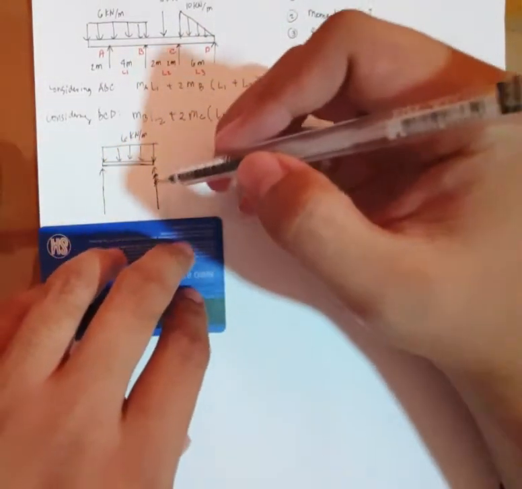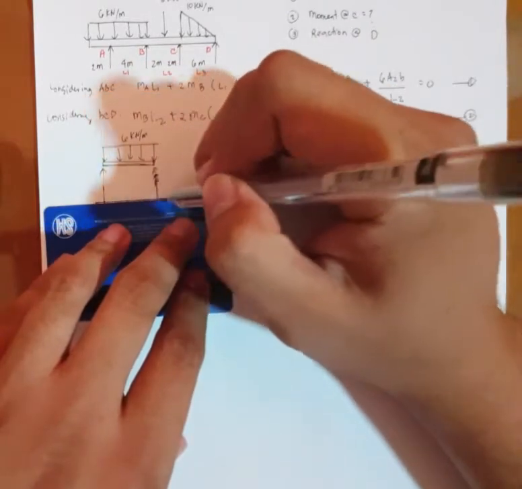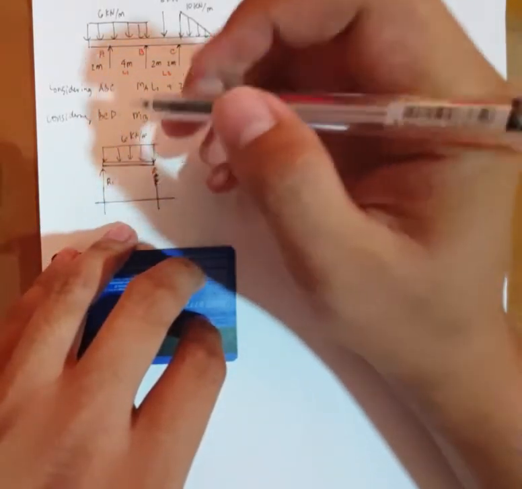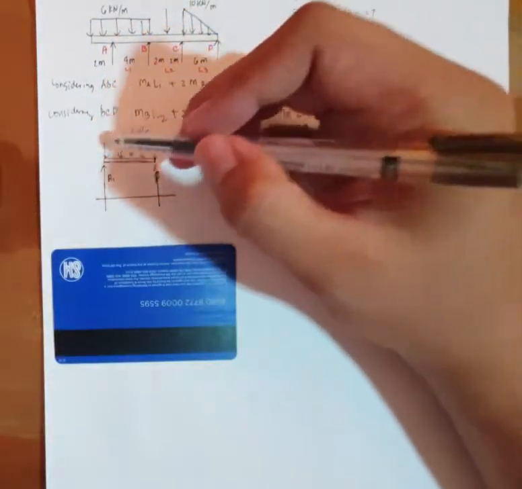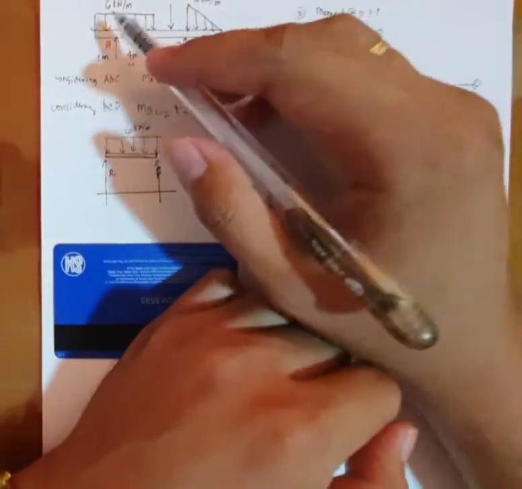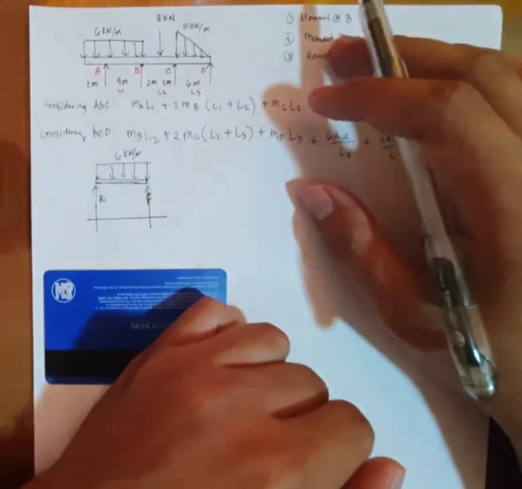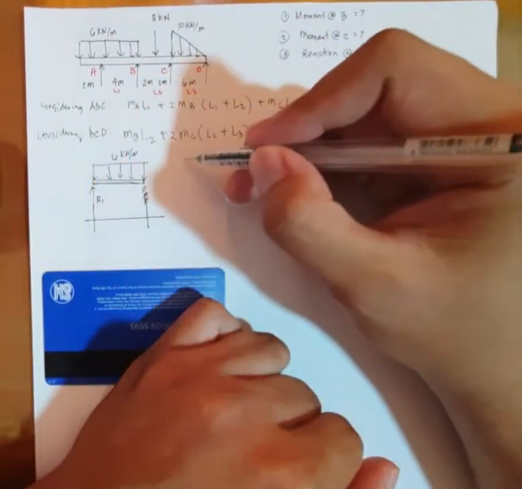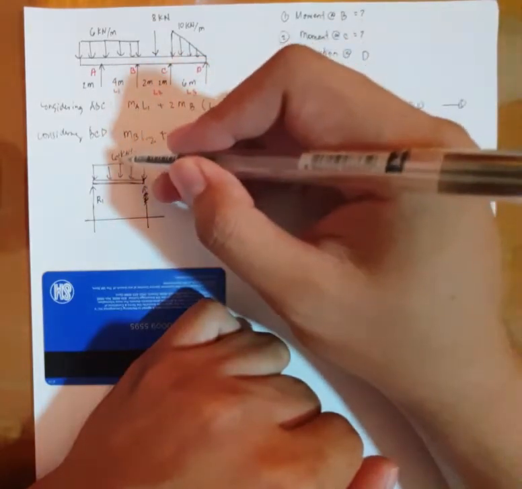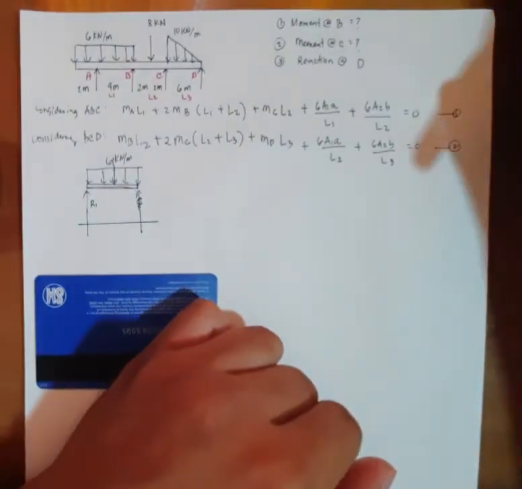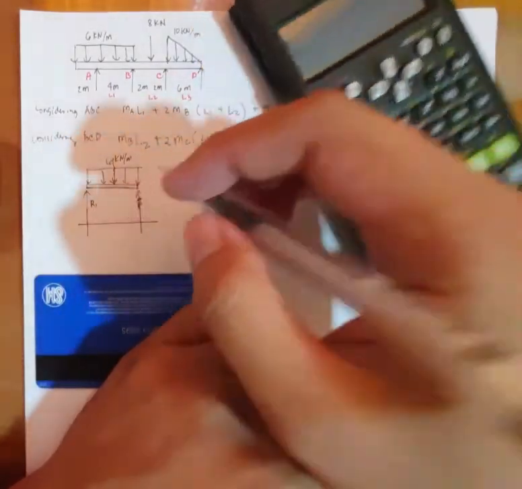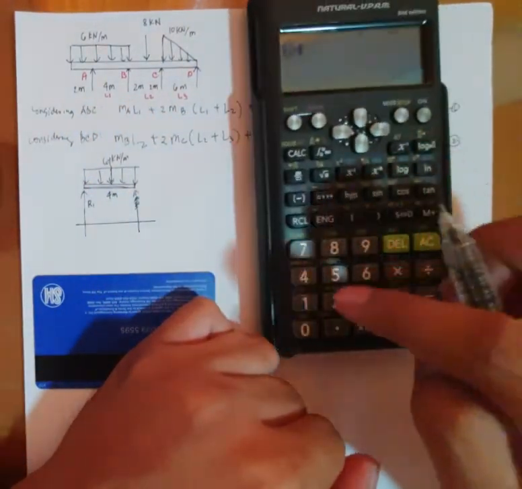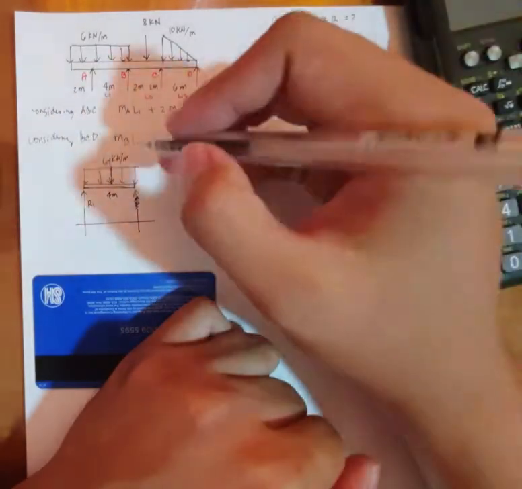Later I will discuss it. If you do not fix, what you need to get is the R1 for this portion only, not the R1 of the whole beam. So we get the resultant. This is 4 meters. So 6 times 4, 24.